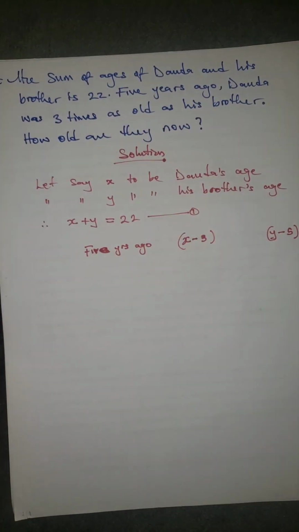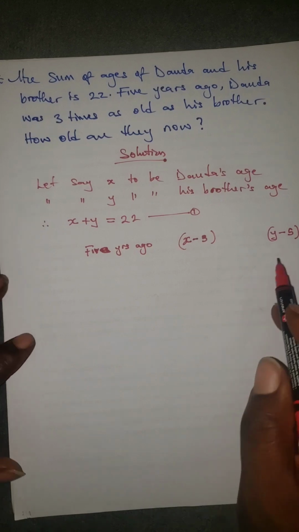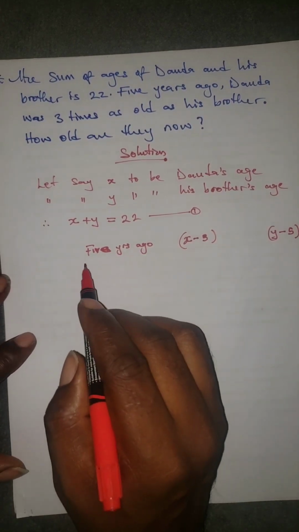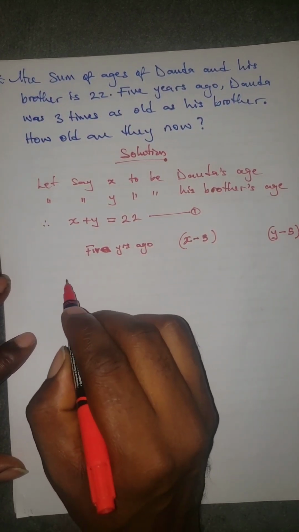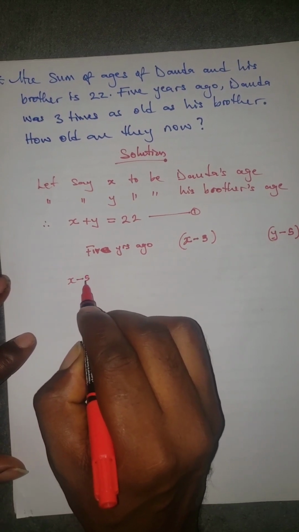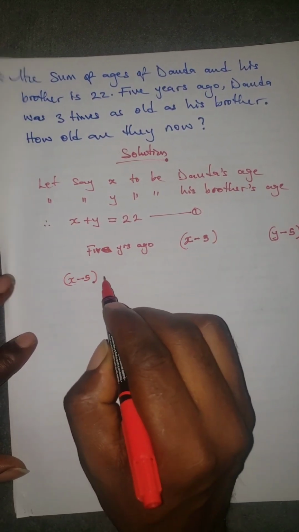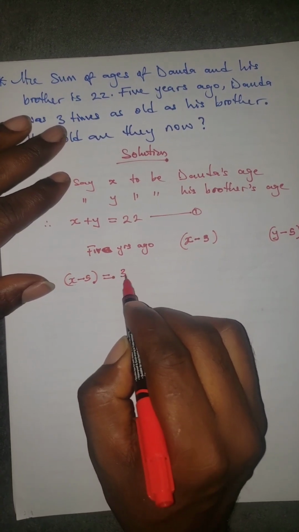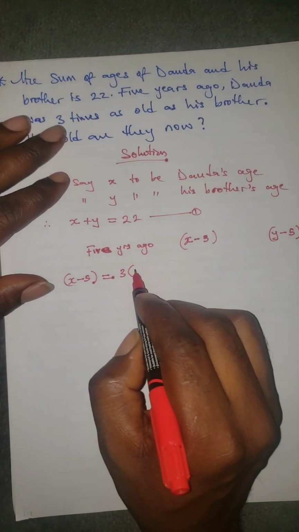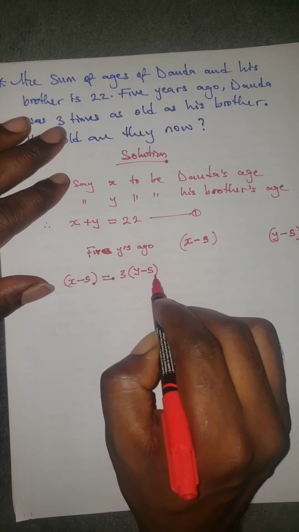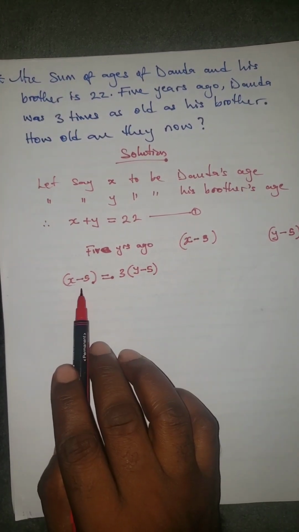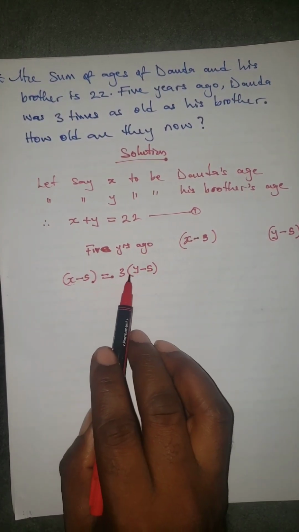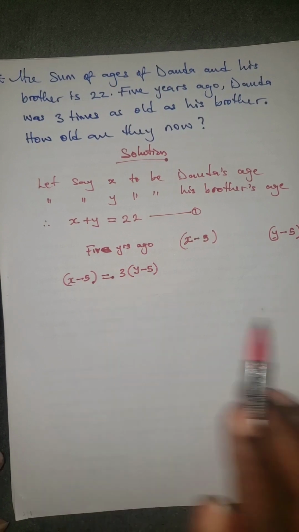So let us express that in mathematical form. Dauda 5 years ago is equal to 3 times as old as the brother.